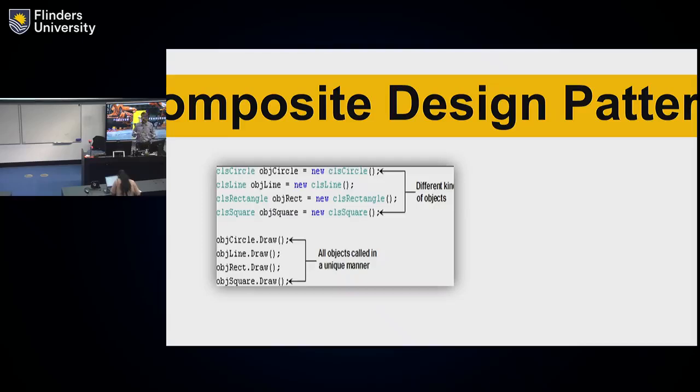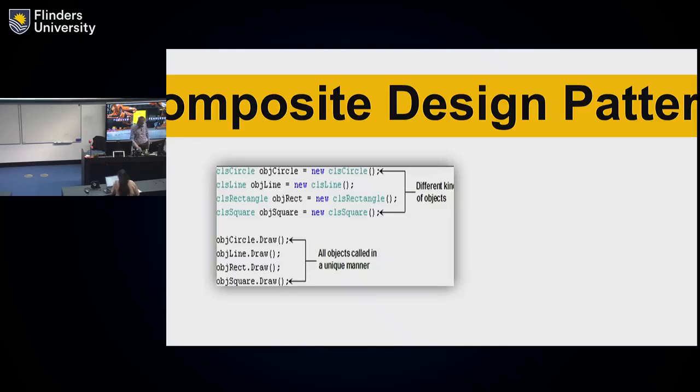Yes, we can use a loop, we can have a list, or we can have an array, and we can loop through it. But with an array, there's one challenge. An array can hold objects of only one data type. A list can hold multiple objects, but again, when you need to call the draw method, then definitely you need to have either polymorphism or something like that.